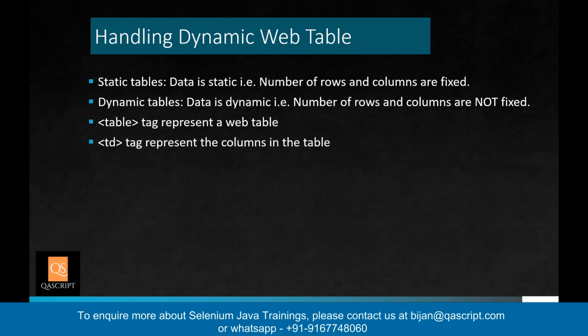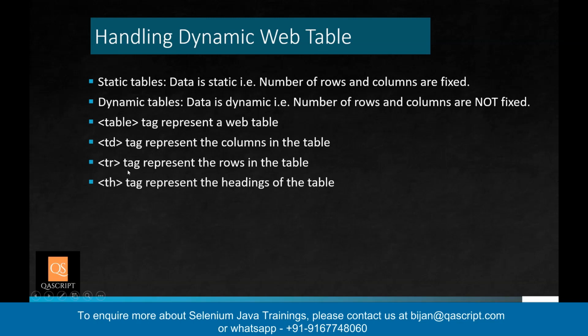Every web table has rows and columns. The columns are represented by the TD tag, and the rows are represented by the TR tag. Also, the headings of the table are represented by the TH tag. These are the different tags you will find when you are looking at a web table in your web application.